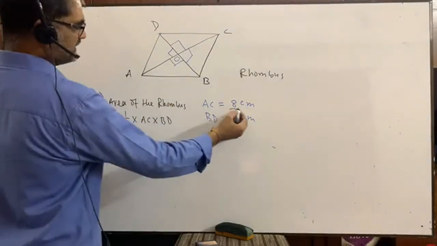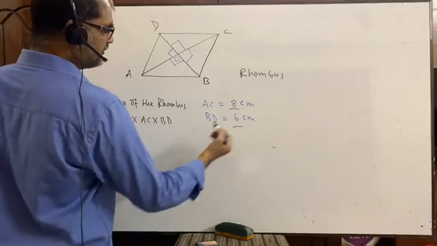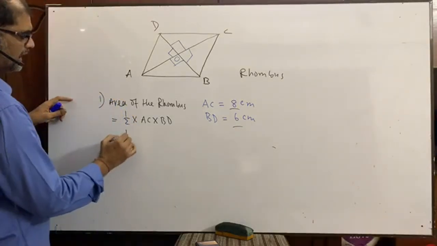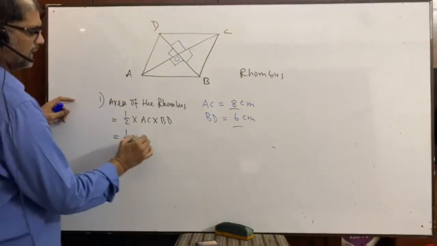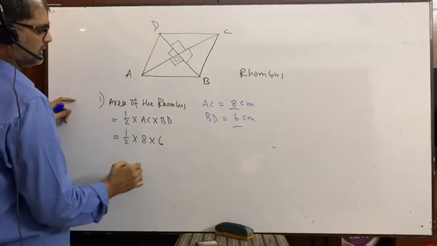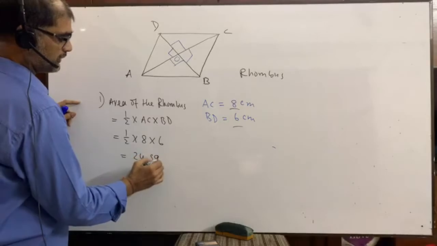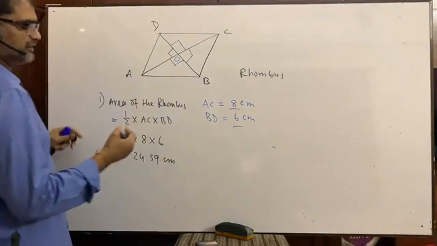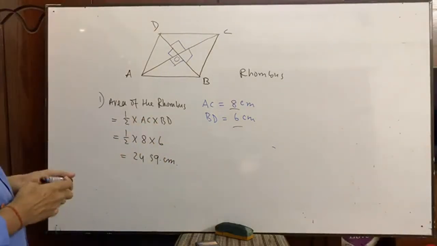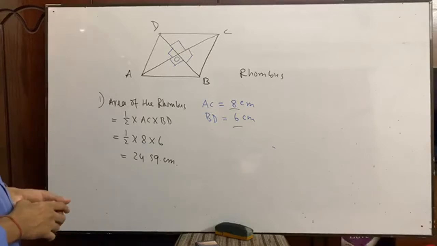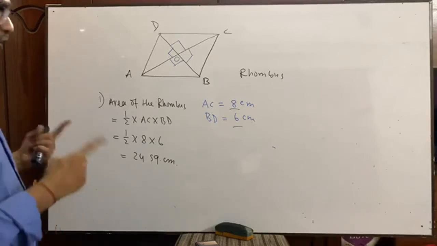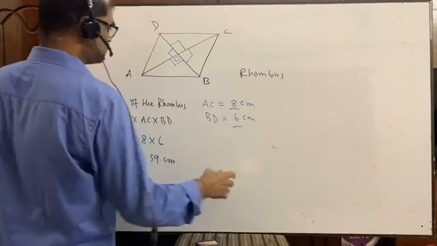Here AC is given, here BD is given. So I can put the value, half into 8 into 6 equals to 24 square centimeter. I can easily find the area of the rhombus ABCD, but it was not my question. What was my question? I am going to show you.